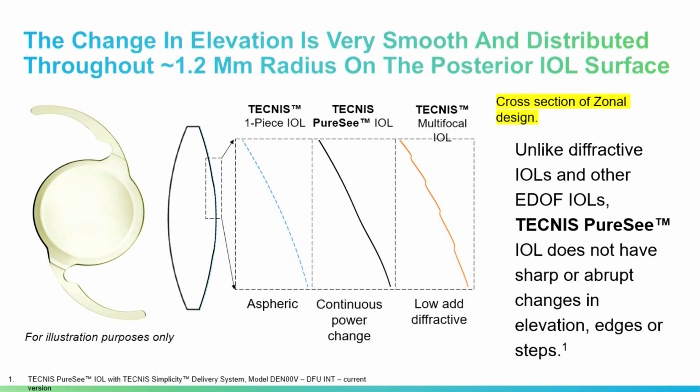Now, if you add plus 2 or 1.75 power from periphery to center, your distance vision should drop tremendously. It doesn't, because it's not just added power. Yes, there's a difference between the periphery and the center, but again, they are playing around with higher order aberrations or spherical aberrations, and that increases your depth of field.